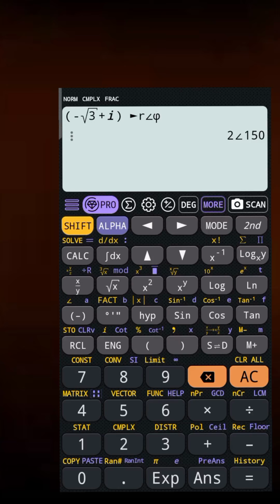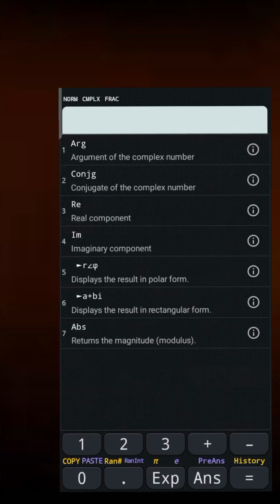For example, I want to convert a complex number in polar form back to rectangular form. How will it look? So let me cancel all of these. I want to convert that first one we did just now. We got 2 root 2 angle 30 degrees. Let's see if it gives us the original complex number. So I'll press my shift, then 2, select the operator. I want to display the answer in rectangular form.